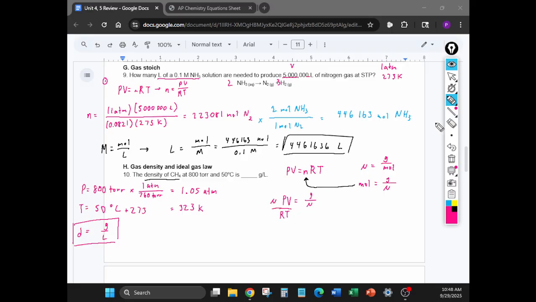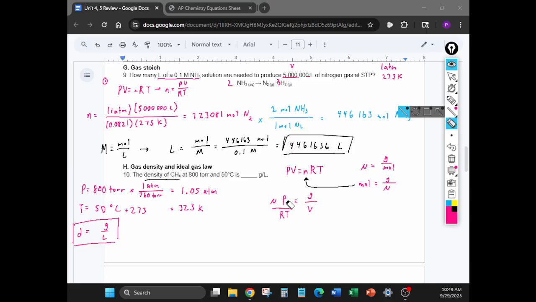We get that on the top of the left side, and the right side we just have grams. Then we want to move liters to the other side, so we divide by V. If you look right here, we have G over V, grams over volume, and that's how we can solve for density. This one is tricky because first you need to combine two equations and then rearrange it so that you have a very specific set of variables on one side of the equation.